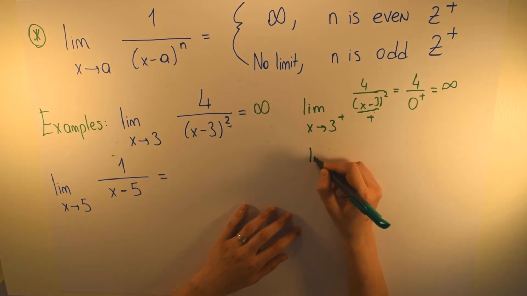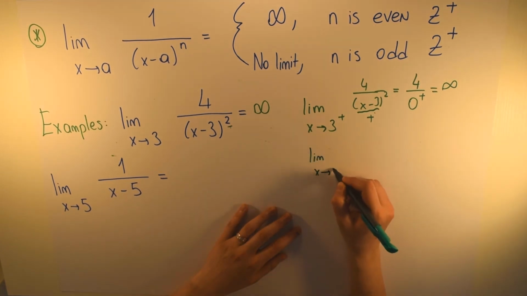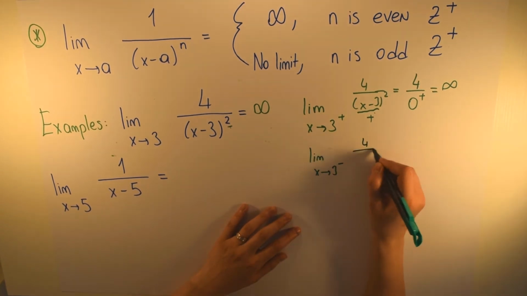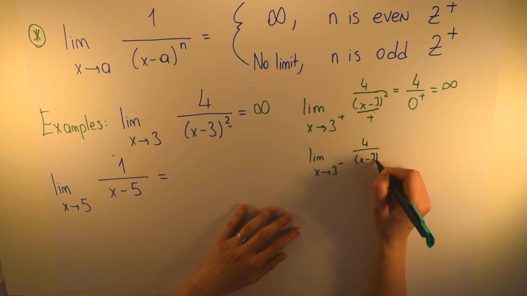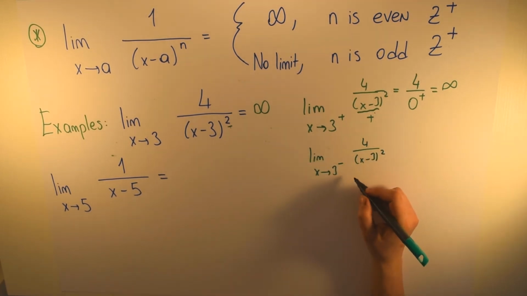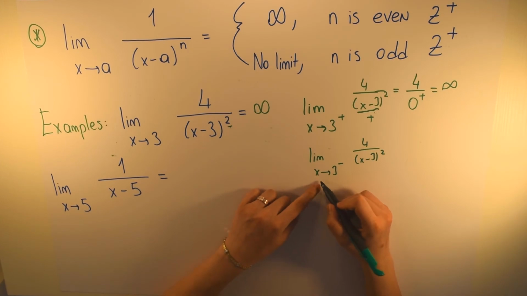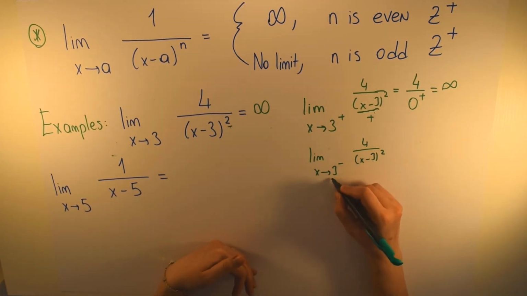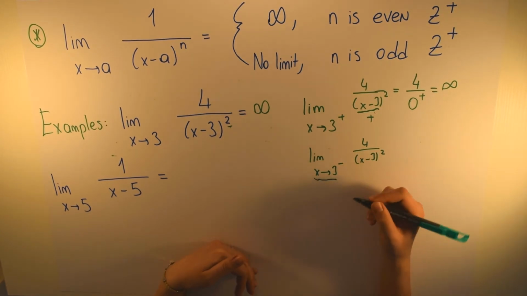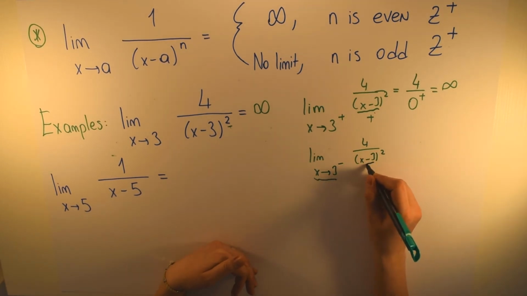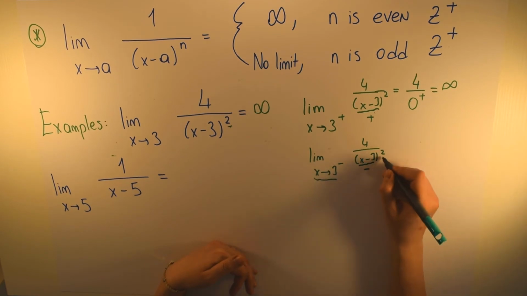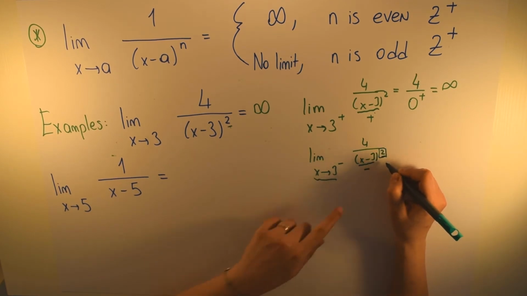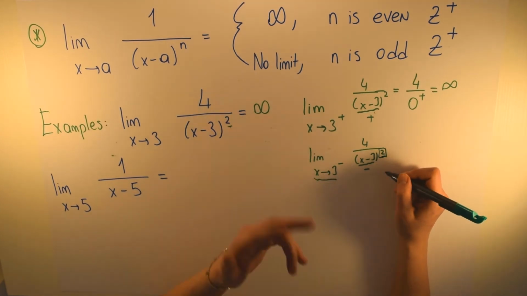When you take its limit from the left side, you should think about the values for x less than 3. When you take x values less than 3, they actually make this parenthesis negative. But since you have this even exponent, it will make it positive.